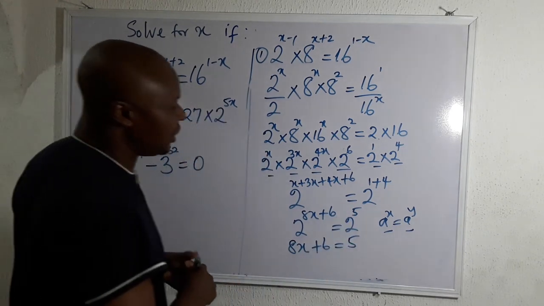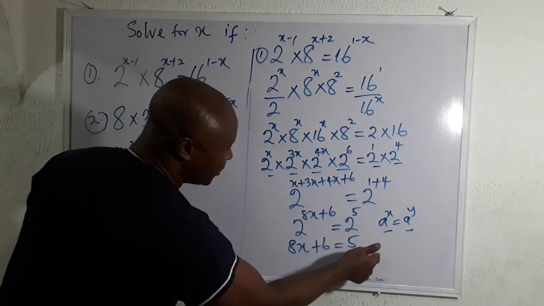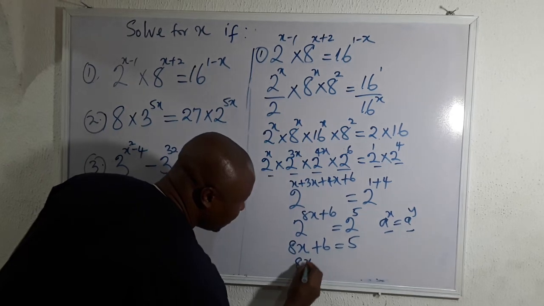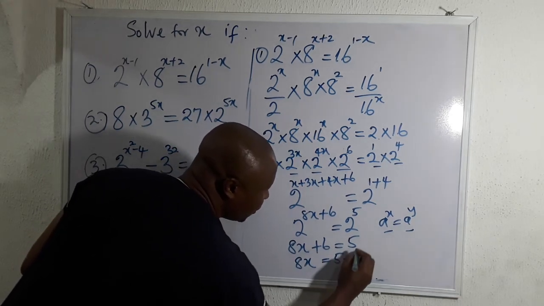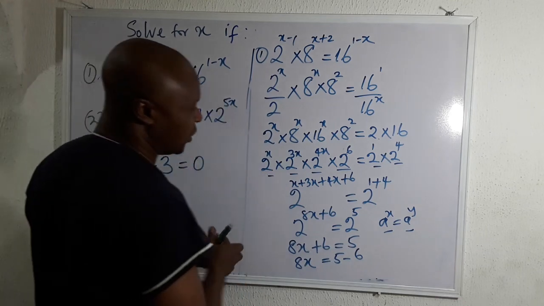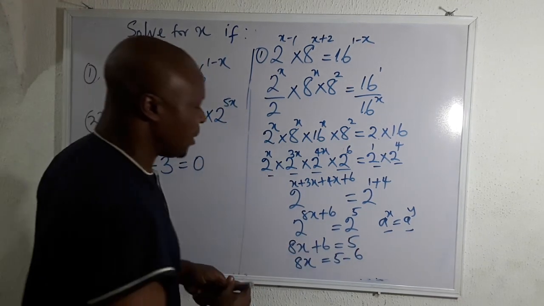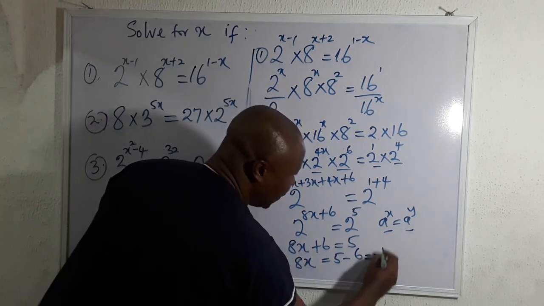So we simply collect like terms, we move the constant to the right hand side. We are left with the variable on the left, so that will be 8x is equal to 5 minus 6. Again, when plus crosses the equality sign, it changes to minus. So 5 minus 6 will give us minus 1.